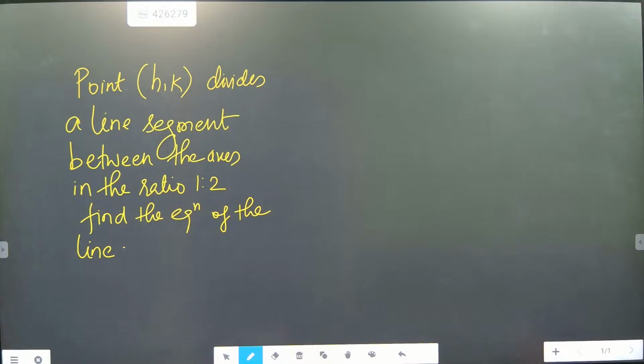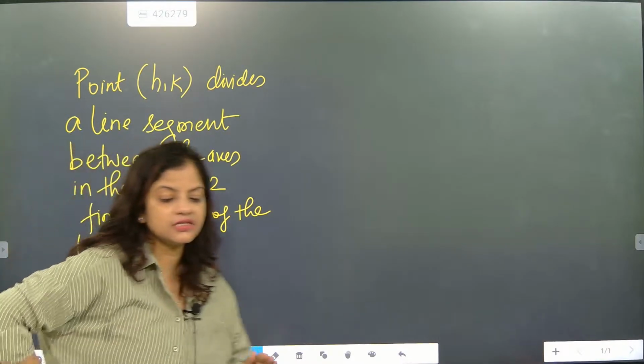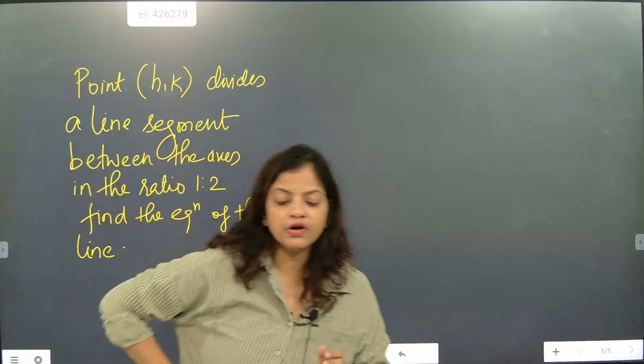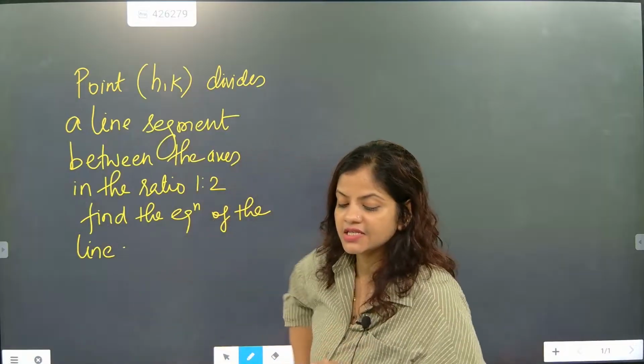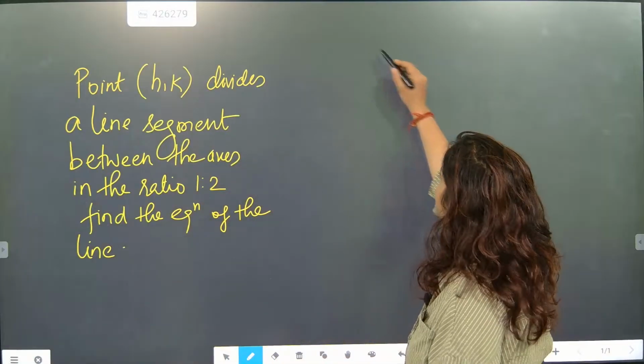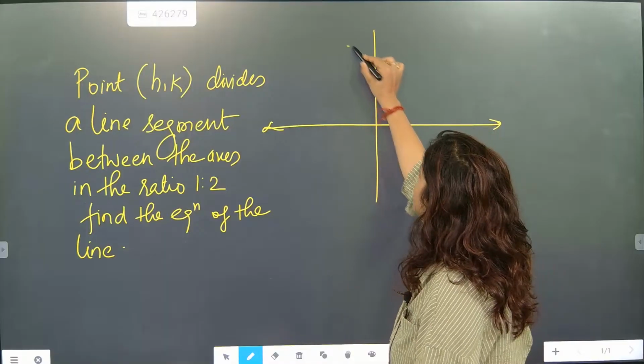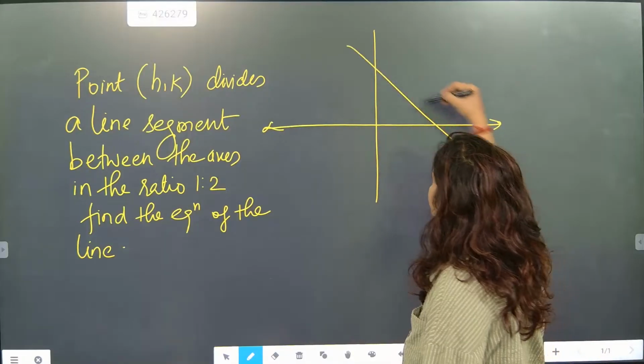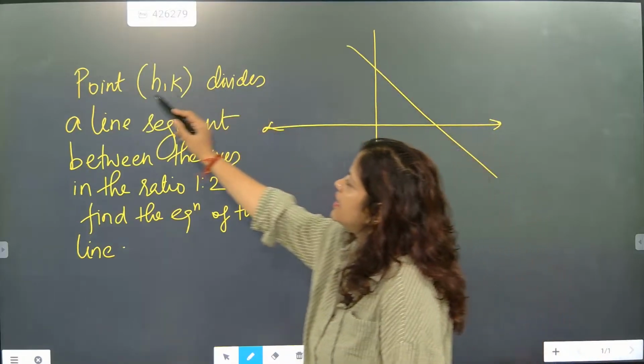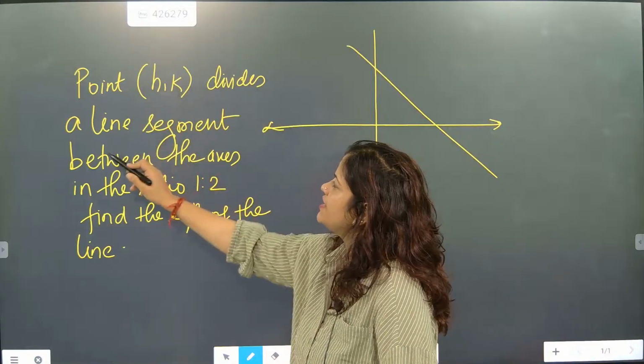Between the axes, line segment between the axes. The moment they use the words line segment between the axes, it is very clear that they are talking about one line which is between the axes. See, they are telling point h comma k divides a line segment.